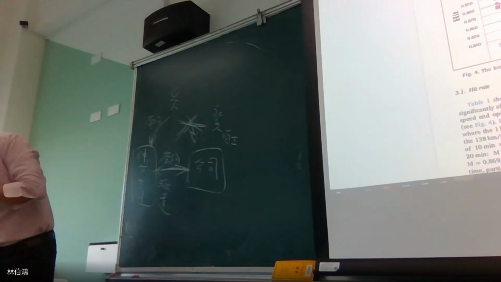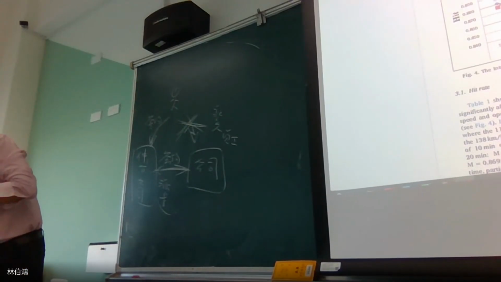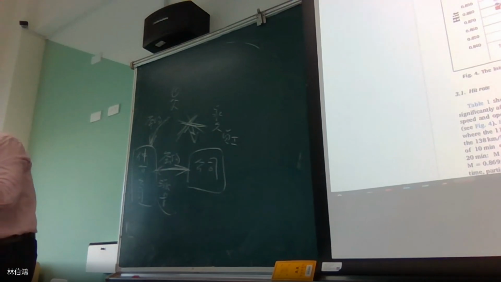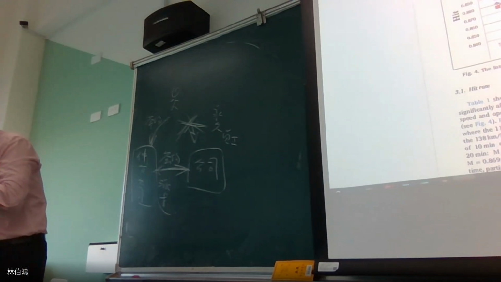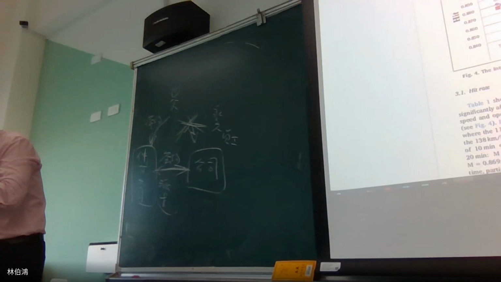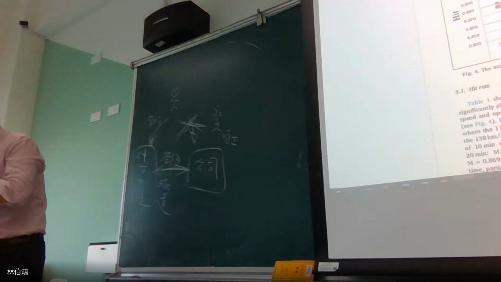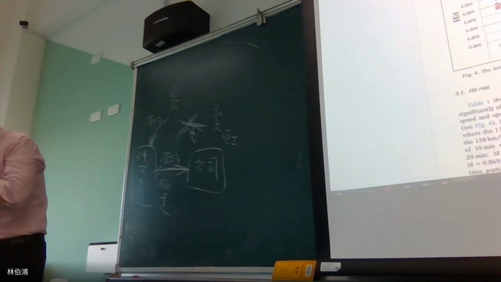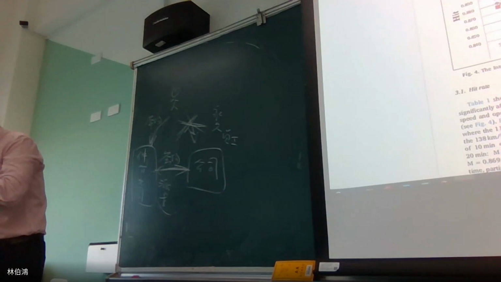And about the interaction between the pause speed, abbreviation B, and the operation time, O. So we can see B and O was significant in hit, miss, and false alarm rate.